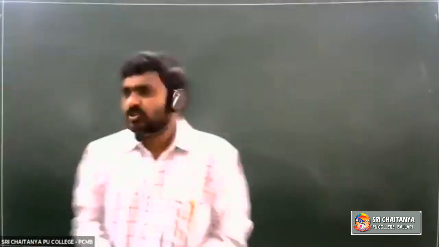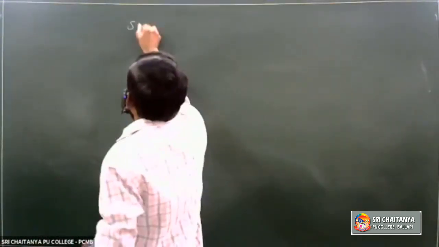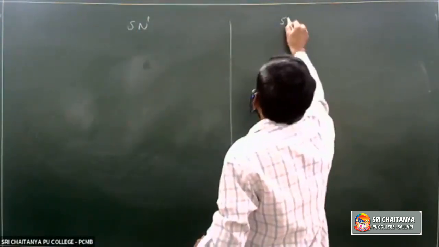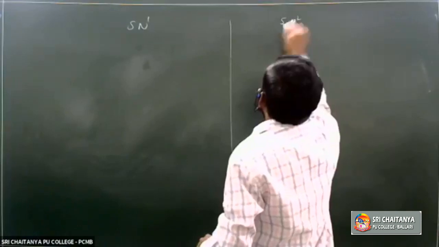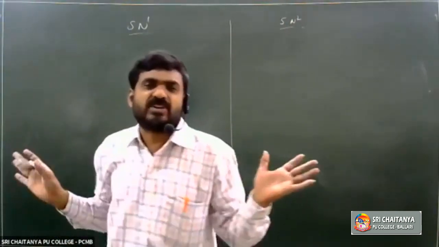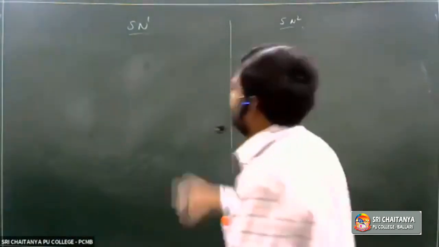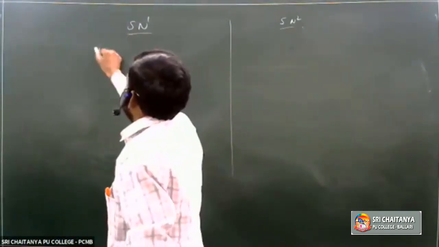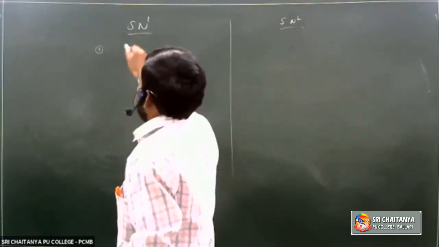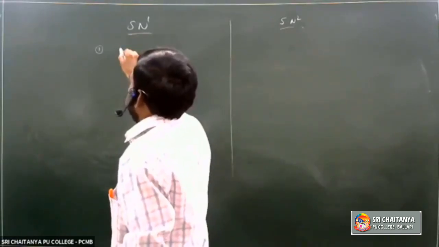What are the differences between SN1 and SN2? It is very important for the public exam, for 2 marks. Write any 2 differences between SN1 and SN2 reactions. First, take the nucleophile.